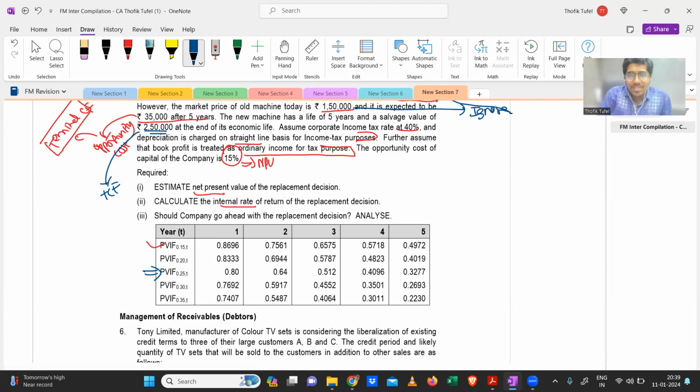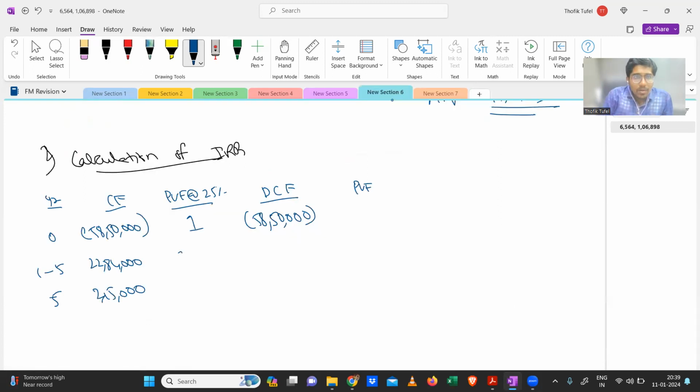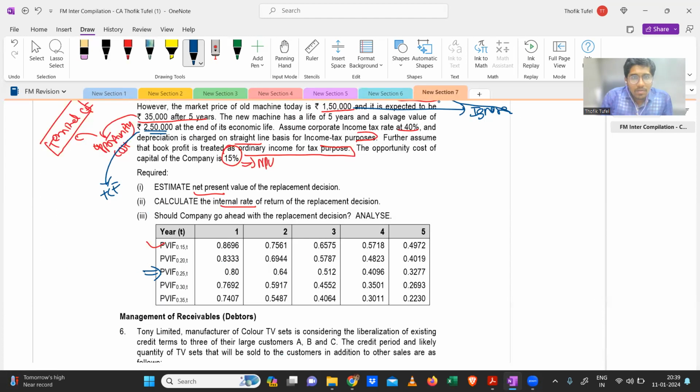I'm getting 2.6893. 2.6893 into 22 lakh 84,000. So 61 lakh 42,361.